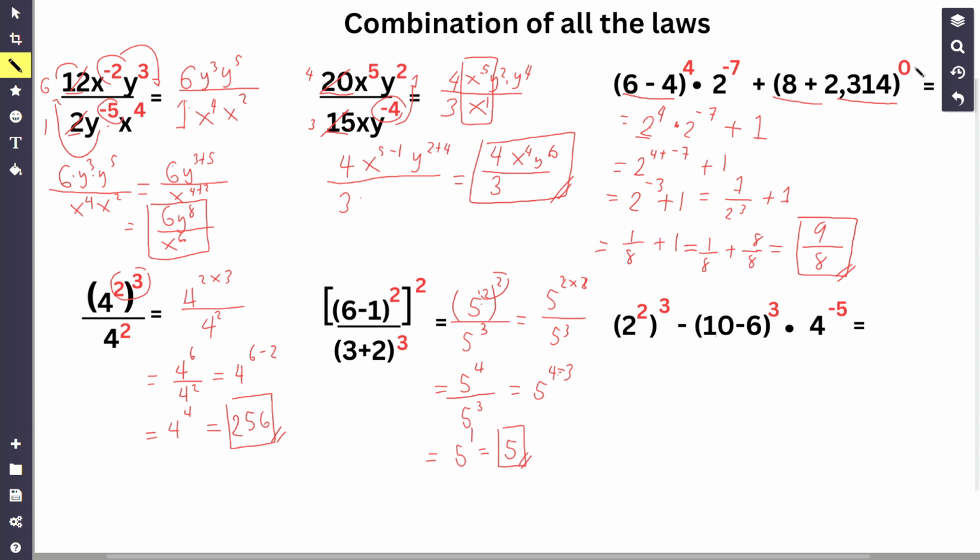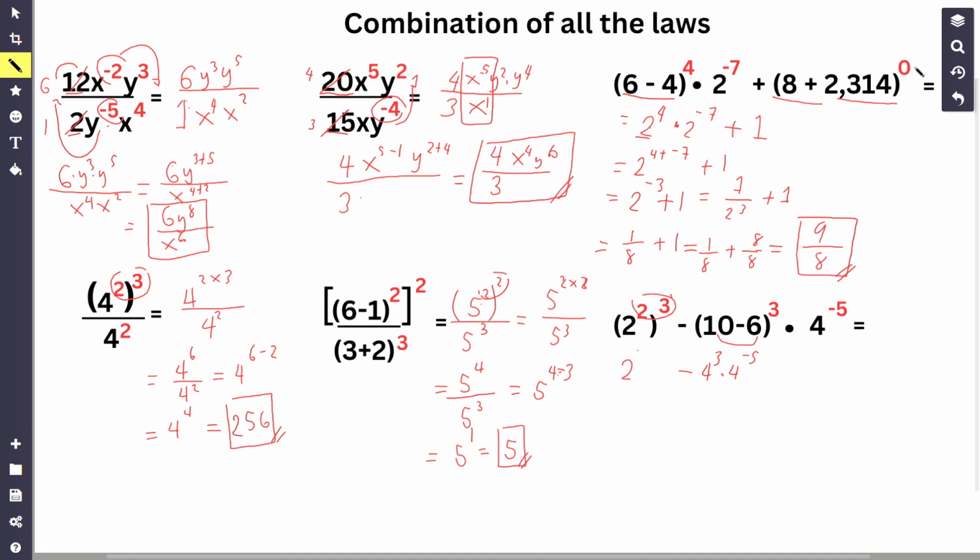Okay, parentheses first. It's going to be 10 minus 6 is 4. So this is minus 4 cubed times 4 raised to negative 5. Okay. On the other hand, this one, you have your power rule, right? We have two exponents here. So 2 times, okay, wait a minute.